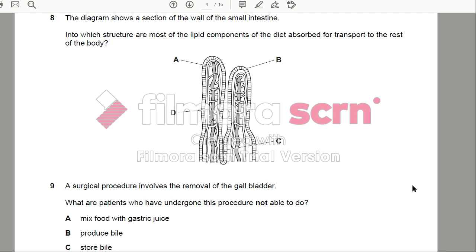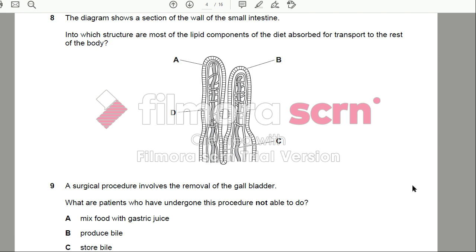In our small intestine, we have three digested components, namely amino acids, glucose, and components of fat, meaning glycerol and fatty acids. The two components, glucose and amino acids, are absorbed in blood capillaries as their molecules are smaller.